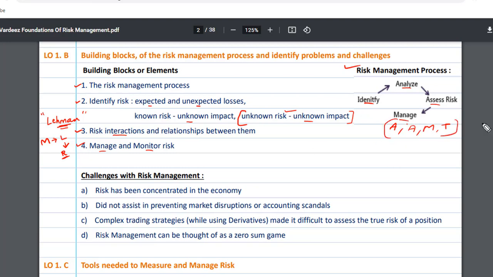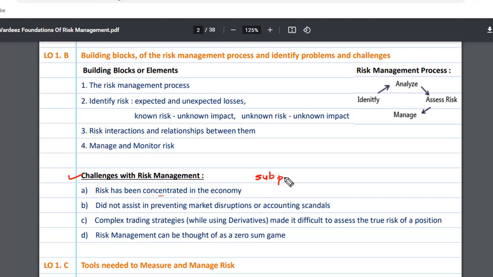Okay, now moving on to the challenges. The very first challenge is that risk has been concentrated in the economy. Since we're talking about concentration risk, it's important that we understand what exactly concentration of a risk is. The perfect example is the subprime mortgage crisis. There was a huge cluster of subprime borrowers in the great financial crisis of 2007 to 2009.